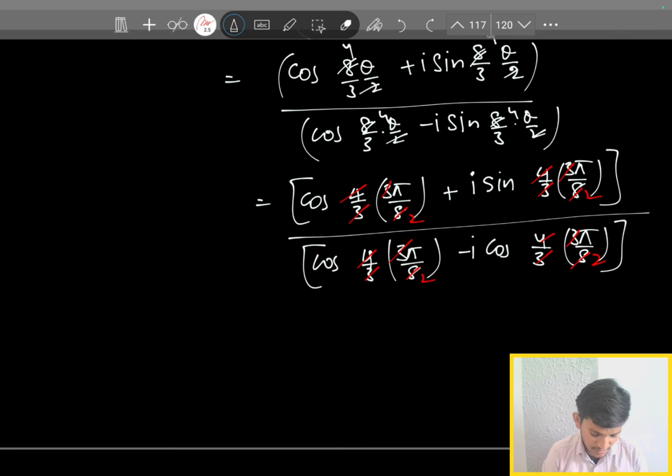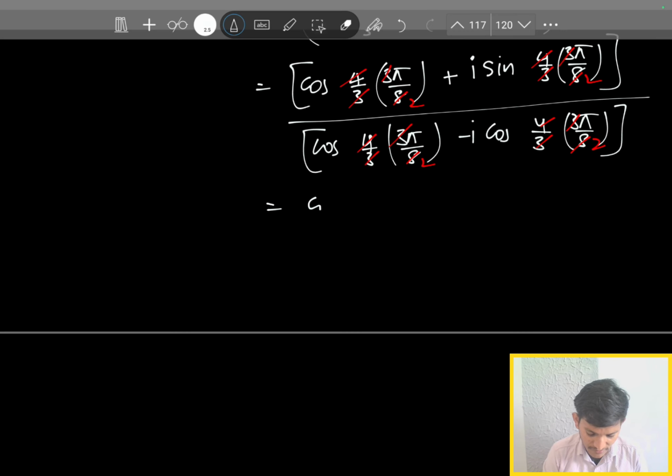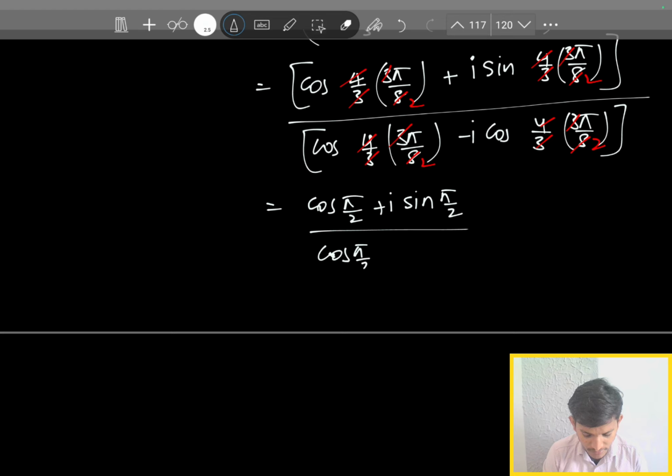So I can express the entire equation as cos of 5 pi by 2 plus i into sine of 5 pi by 2, whole divided by cos of 5 pi by 2 minus i into sine of 5 pi by 2.